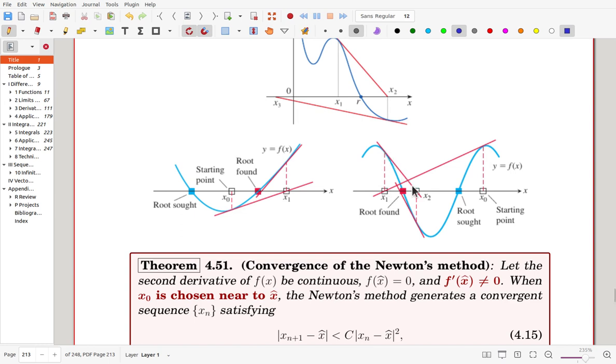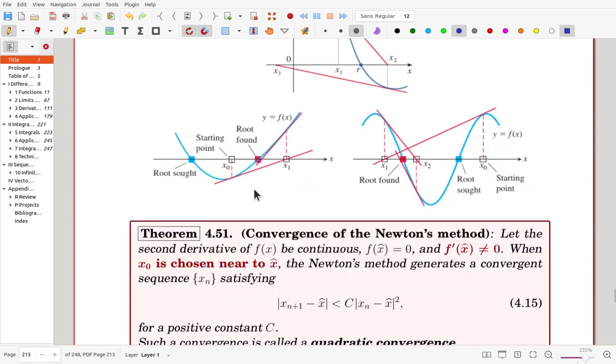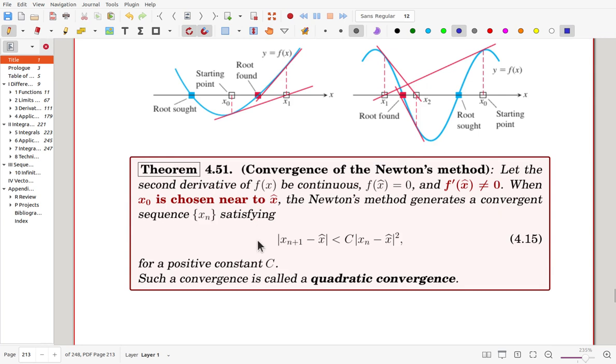Then here you can find the x-intercept and go to the curve, make a tangent line and hit the x-axis, so the iteration may converge to something else, not what you want to get. So it can happen.